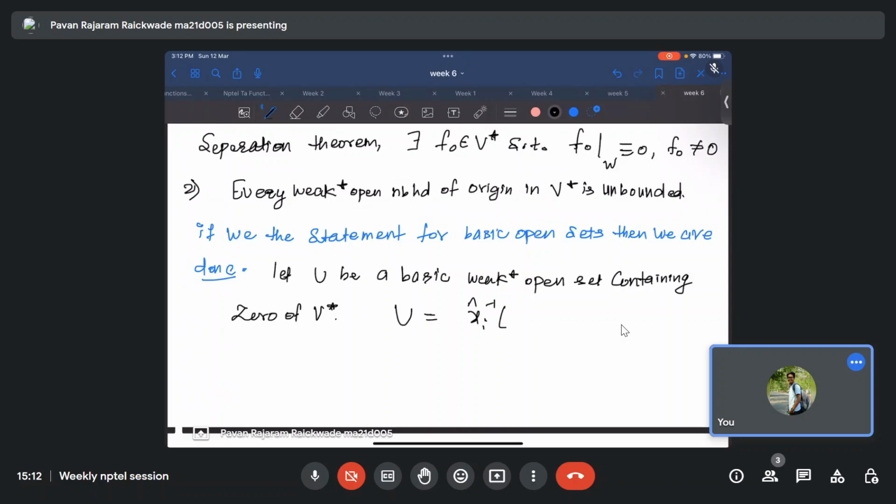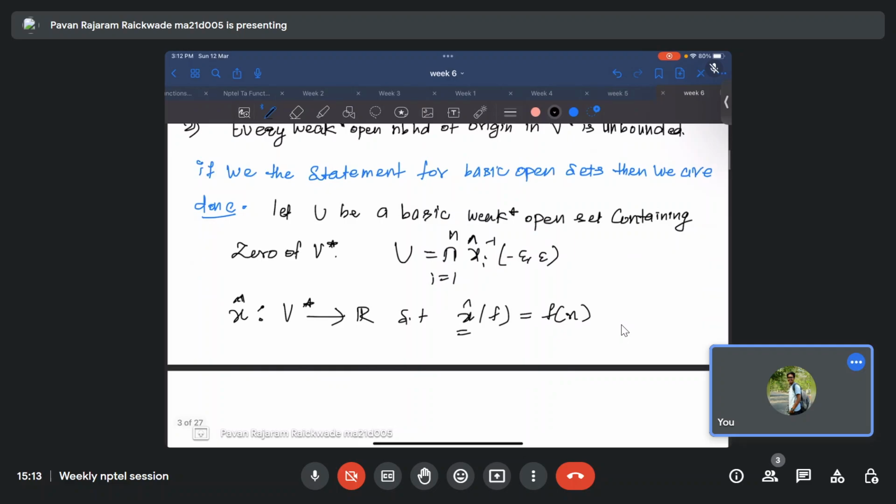Without loss of generality, I can take this as minus epsilon to epsilon, for i going from 1 to n, where xi hat are functionals from V star to R or C such that x hat at f equals f(x).